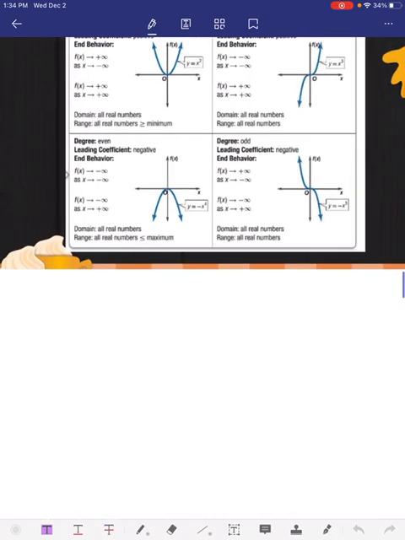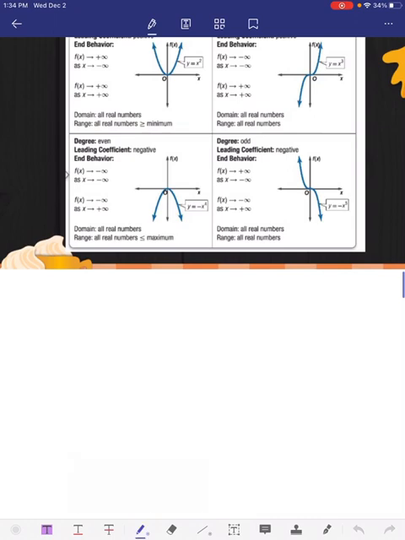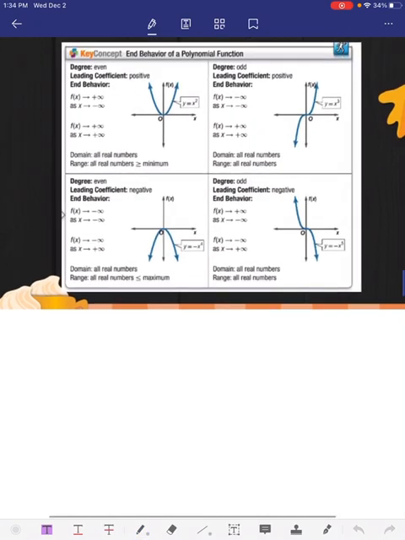So I want to make a little chart that's going to help us decide what the end behaviors are going to look like. Now, notice that on our first one, I have an even function. So remember that if it's an even function, that just means that I have an even degree.